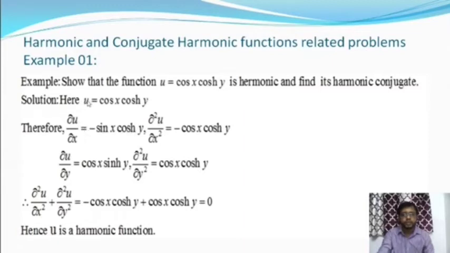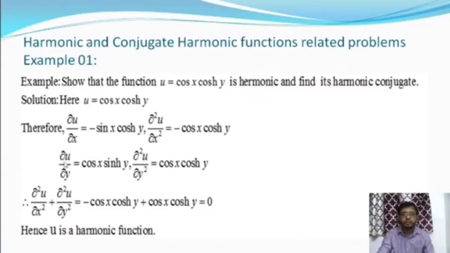The derivative of cos x is minus sin x, so del u del x is equal to minus sin x cosh y. The second differentiation with respect to x: the derivative of sin x is cos x.